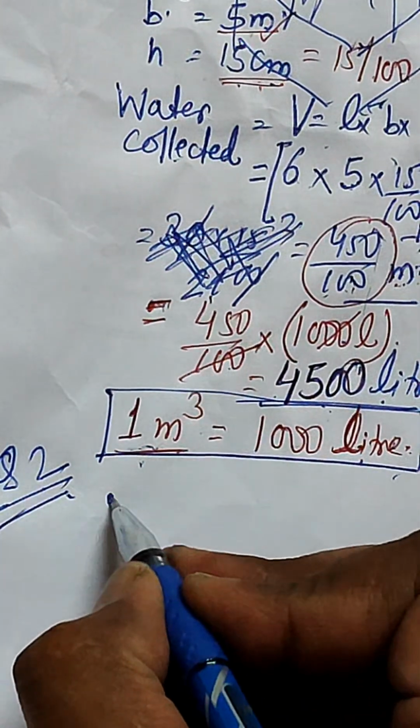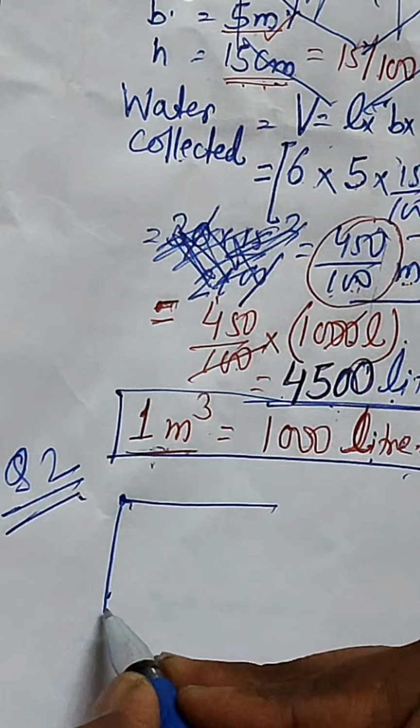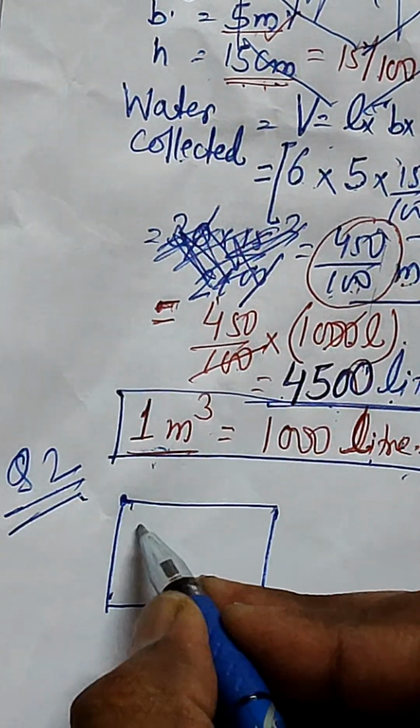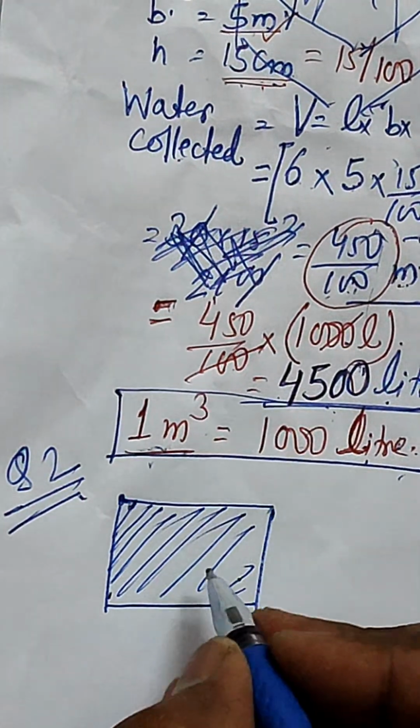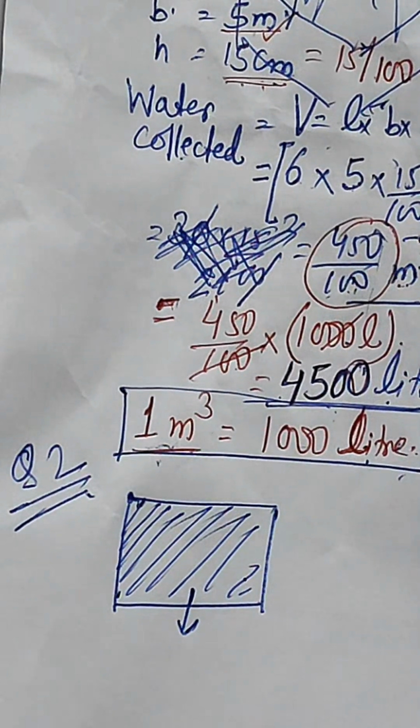So it's given that if this is the cuboid, then area of one of its faces is a1.